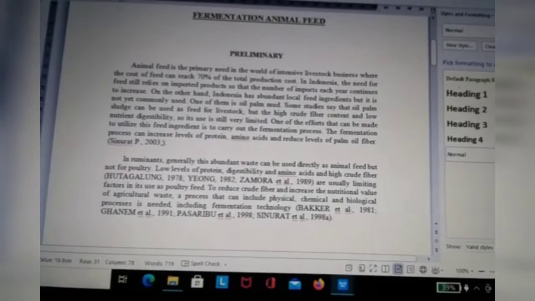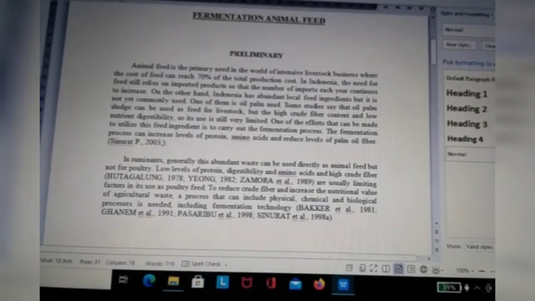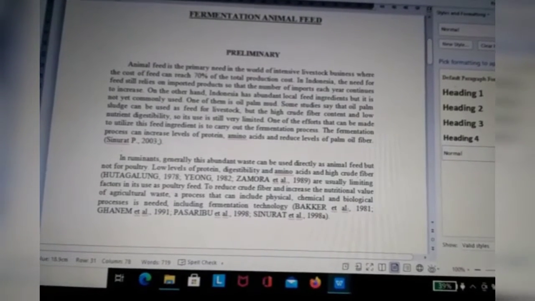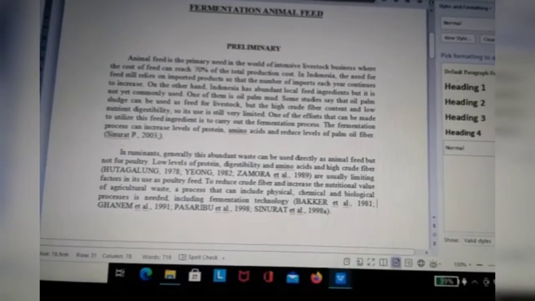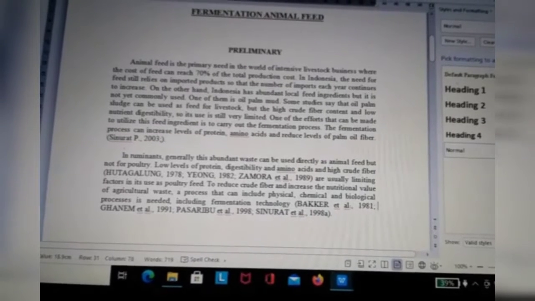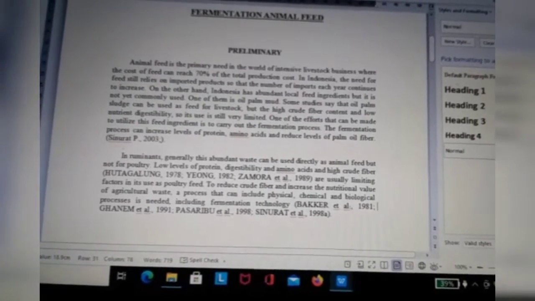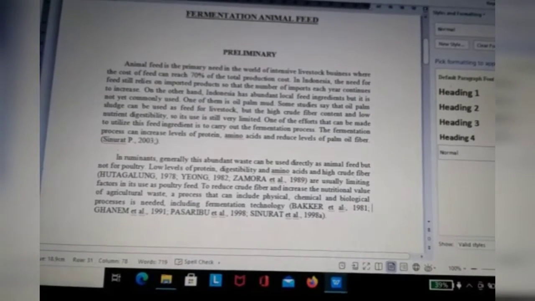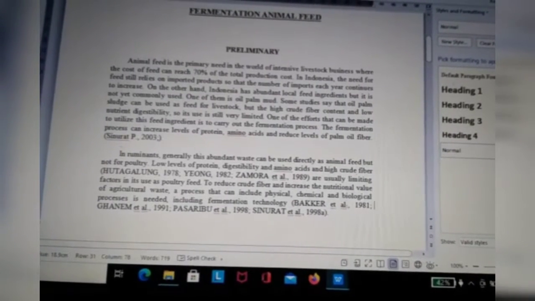Sinurat P. 2003. In ruminants, generally, this abundant waste can be used directly in animal feed, but not for poultry. Low levels of protein digestibility and amino acid and high crude fiber are usually the limiting factors in using it as poultry feed.